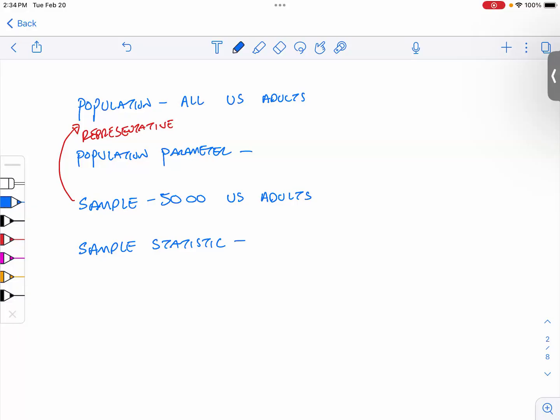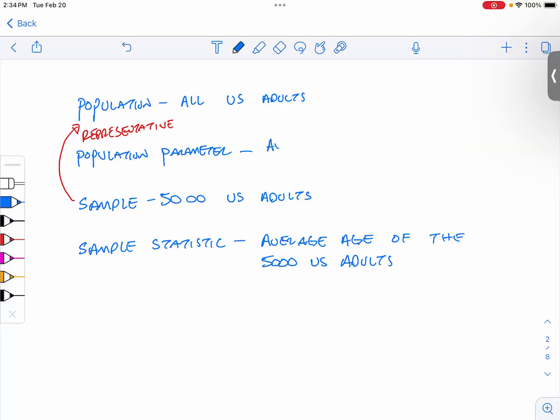Let's just stay simple. Let's say we want to calculate the average age of the 5,000 US adults. Then the population parameter generalizes to that value.